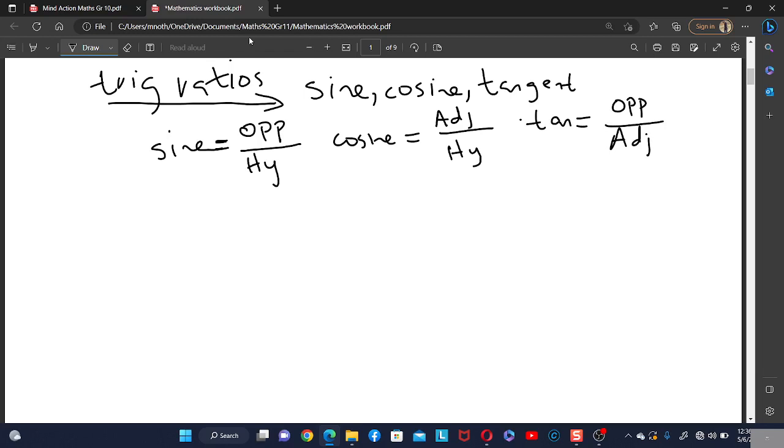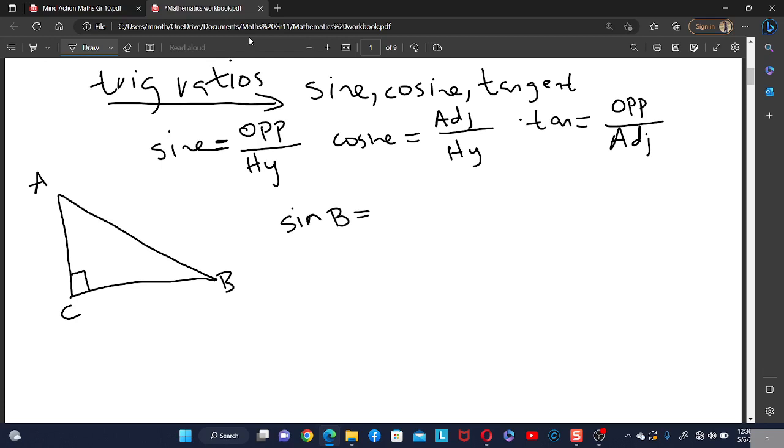Okay, so let's use an example. Let's say that we are given a triangle A, B, C. And we are told to find sine B. So sine is opposite over hypotenuse.